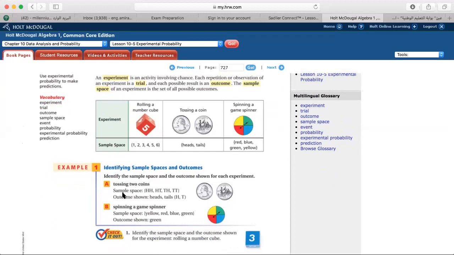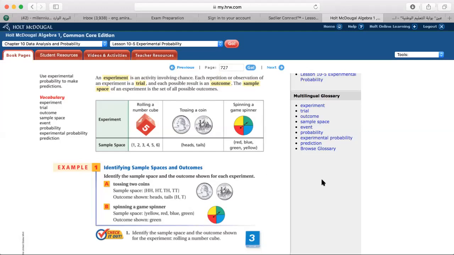The sample space that I will get: if I toss two coins together, I can get head and head, or head and tail, or tail and head, or tail and tail.